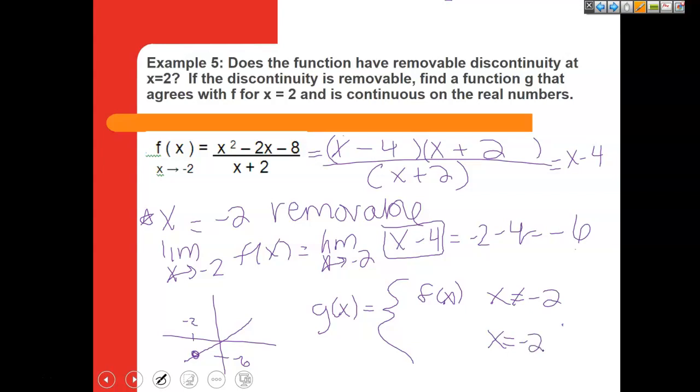And we need to find a function for x equals negative 2 that equals negative 6 at negative 2. Exactly. So the function that we need is x minus 4 at x equals negative 2. Yes. Theoretically, yes.